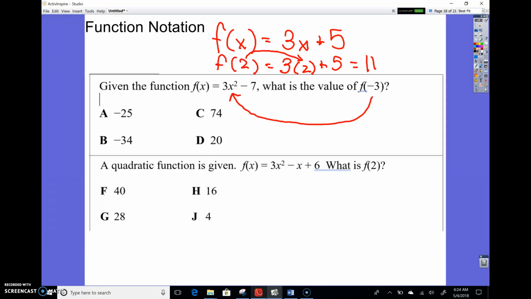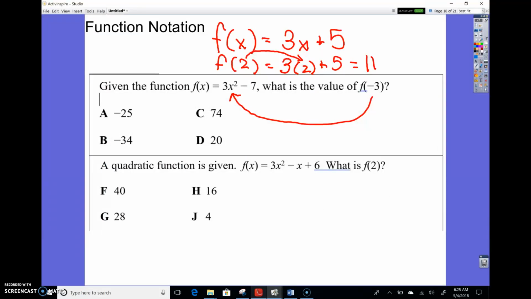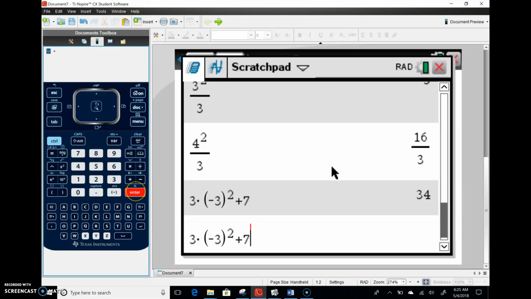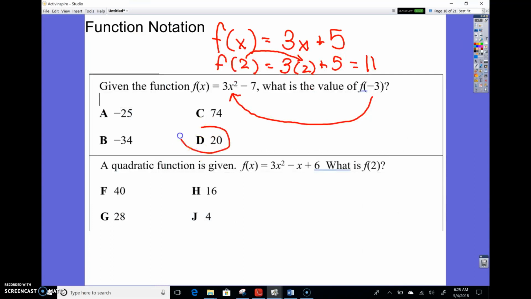Oops, I made a mistake, sorry. 3 times negative 3 squared, that's 9 minus 7. You see where I made the mistake? Mr. Lee, you're supposed to put minus 7, not plus 7. So your answer is 20.